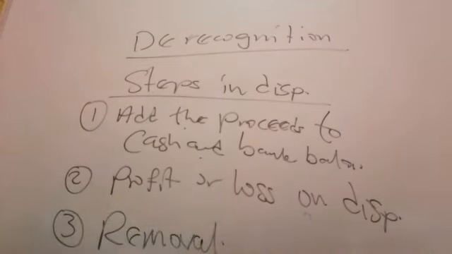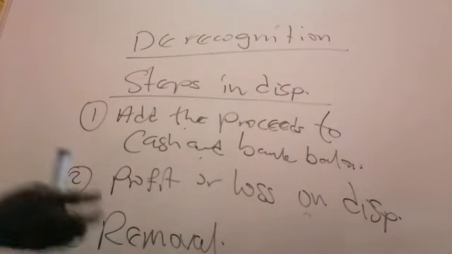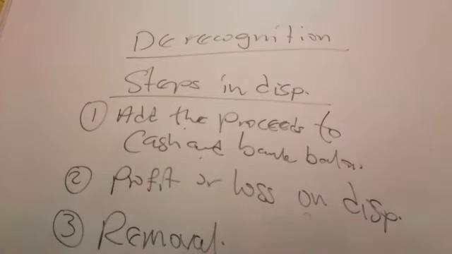That's the derecognition section. Cost from cost, accumulated depreciation from accumulated depreciation. All the details of that asset must be cancelled from your books. Remove the details of the asset, and then you are done.